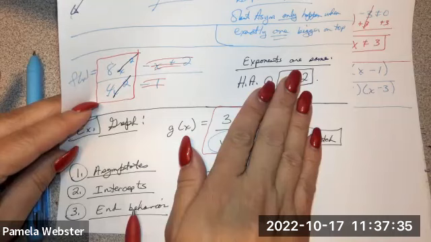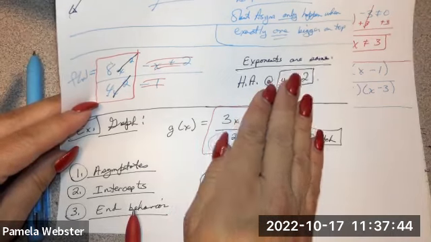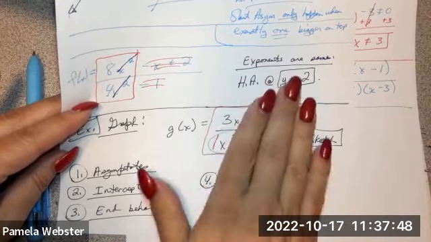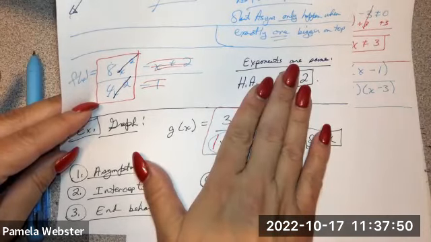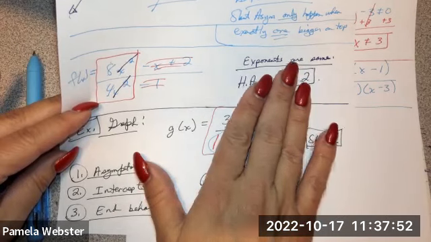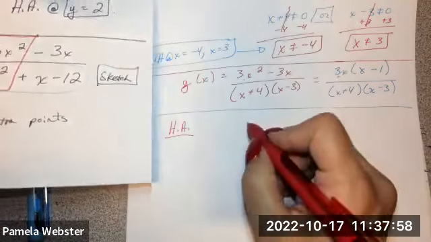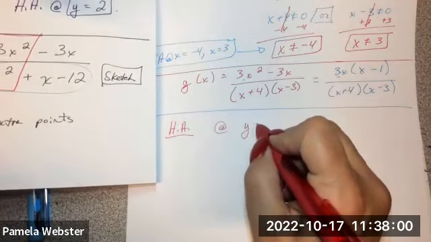And all I'm going to be left with is a horizontal asymptote at what? y equals 3, right? It's really 3 over 1, because there's technically a 1 sitting right in front of that x squared. But we don't care about that one, so we're just going to say y equals 3. Is that all right? y equals 3. Okay, the horizontal asymptote at y equals 3.